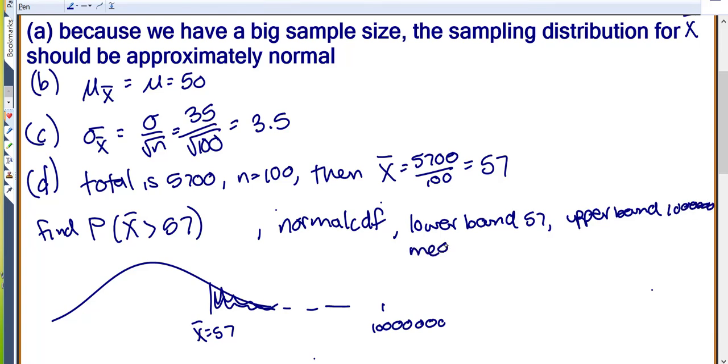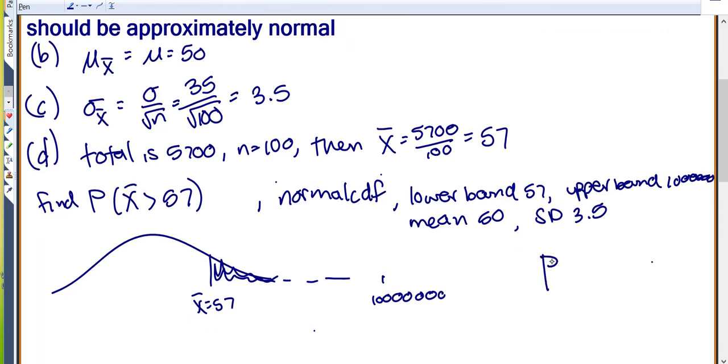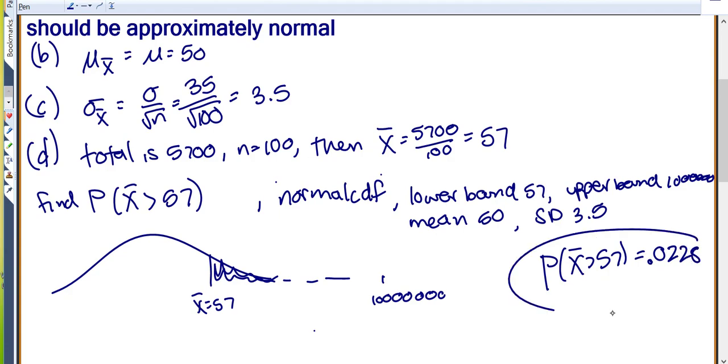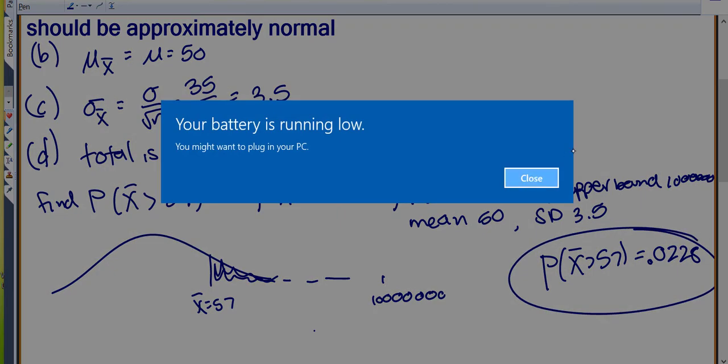We'll do our mean of 50 and our standard deviation of 3.5 and put that into our calculator. So the probability that our sample mean is at least 57, we should get 0.0228. So super easy, you just put it straight in a calculator.